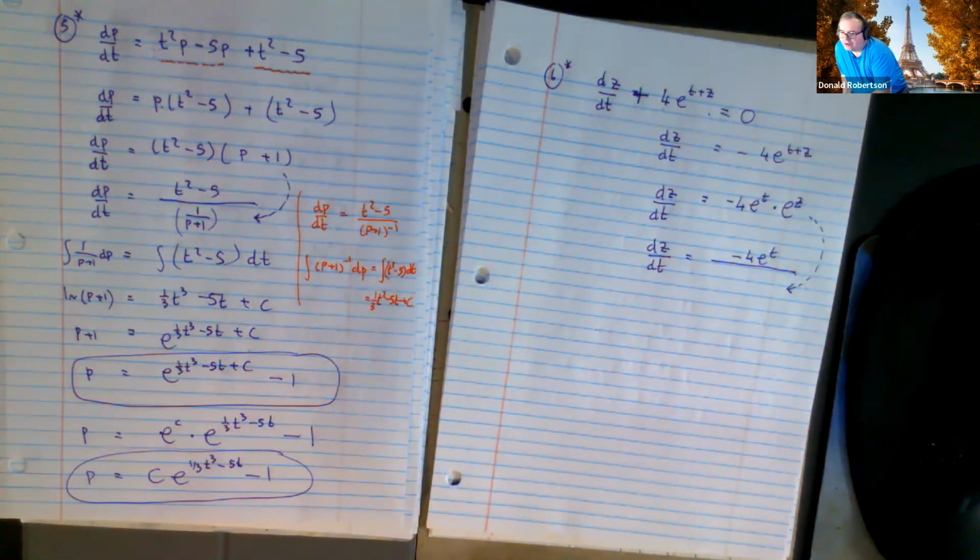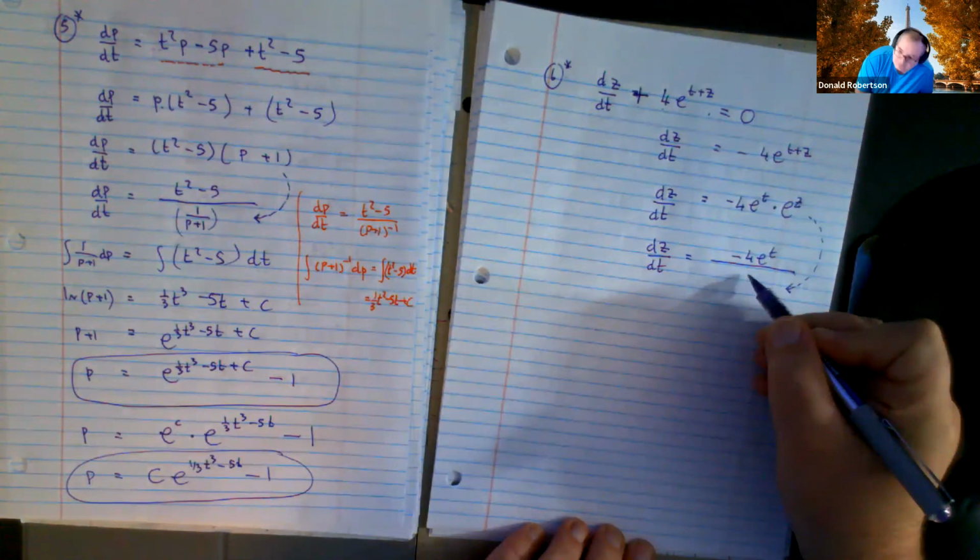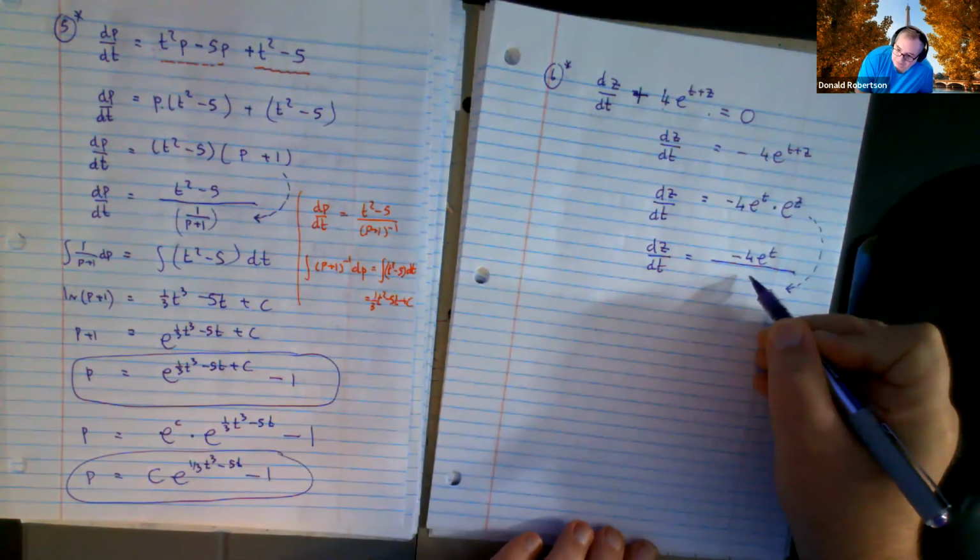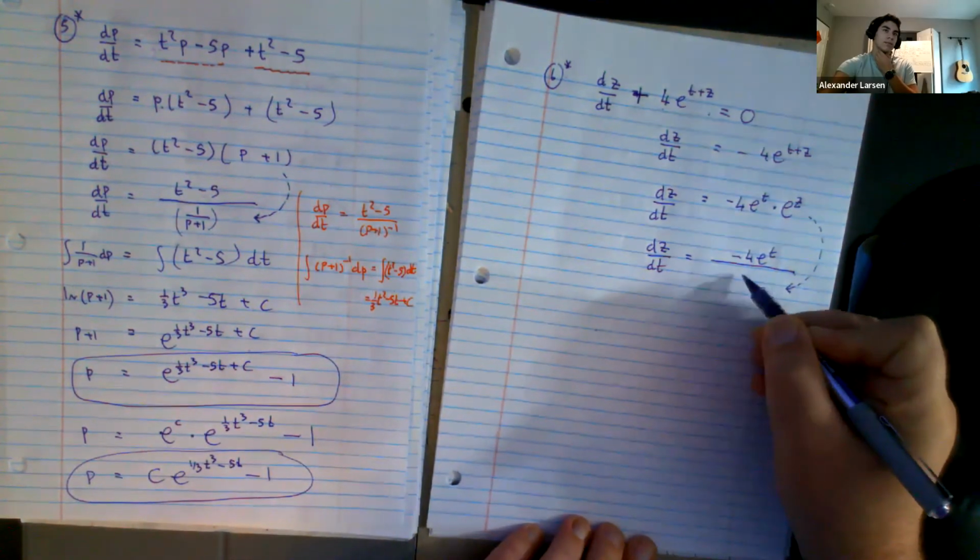Your choices are e to the power of negative z or 1 over e to the z, right? Those are your two choices. Which of those two do you think is going to play well with integration? E to the negative z.